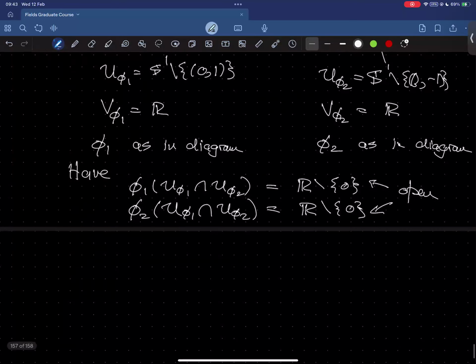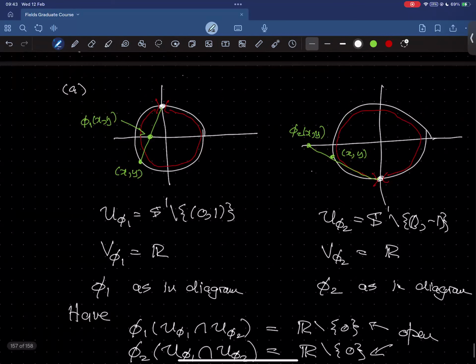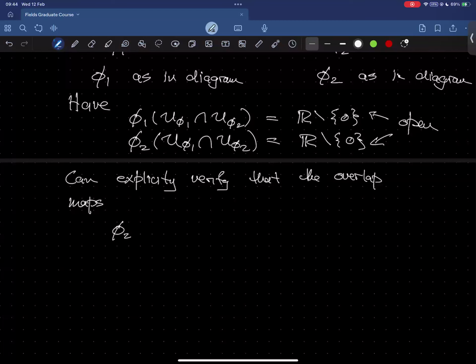And then the thing that I'm not going to do, because you have to write down these things, phi 1 and phi 2, and I won't do that explicitly. So it's going to be phi 2 composed with phi 1 inverse.